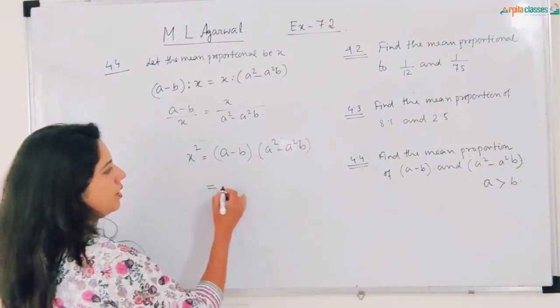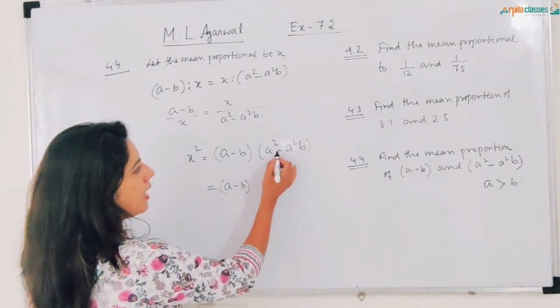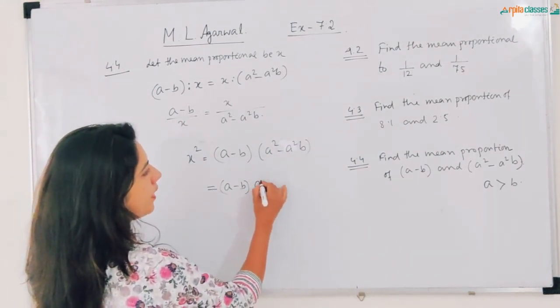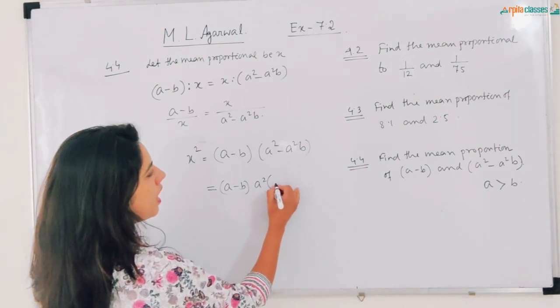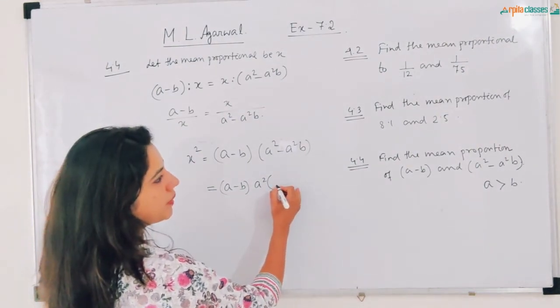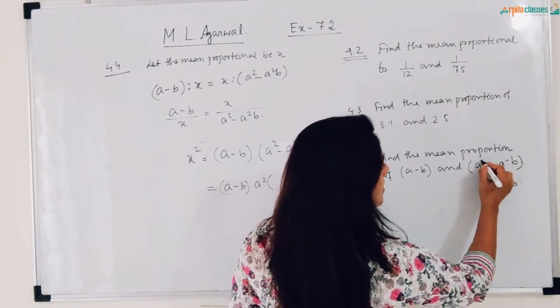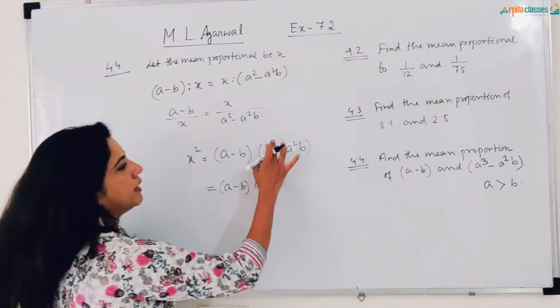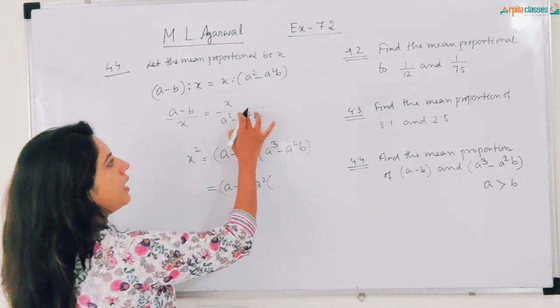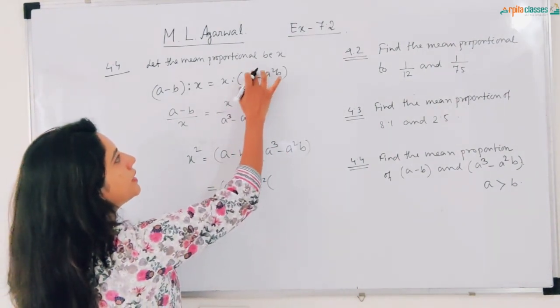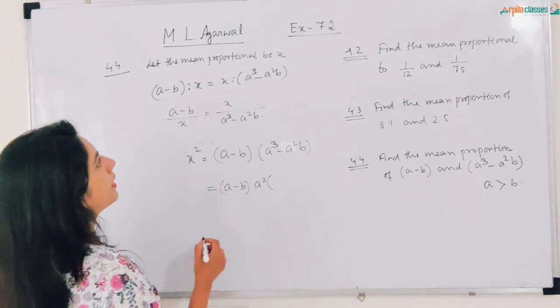So from here, a minus b, and I can take a square common. I think this should be a cube, a cube minus a square b, this should be. There is some mistake over here. It should be a cube minus a square b.